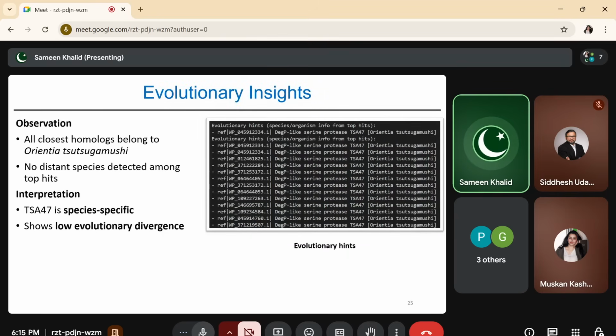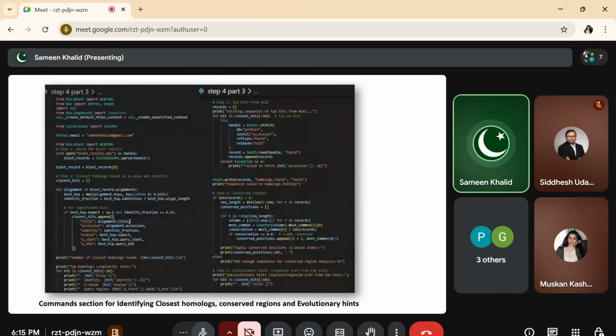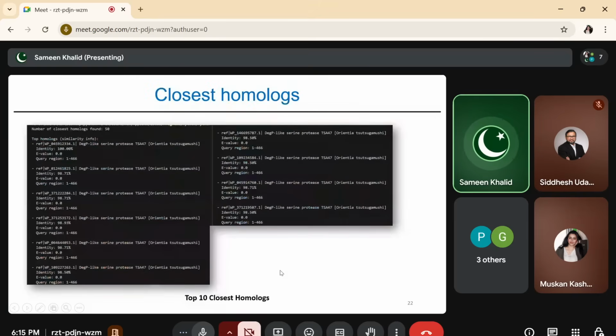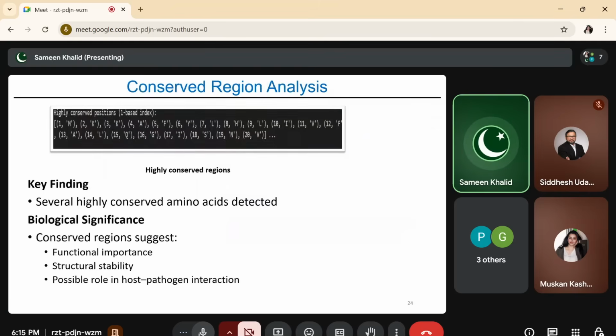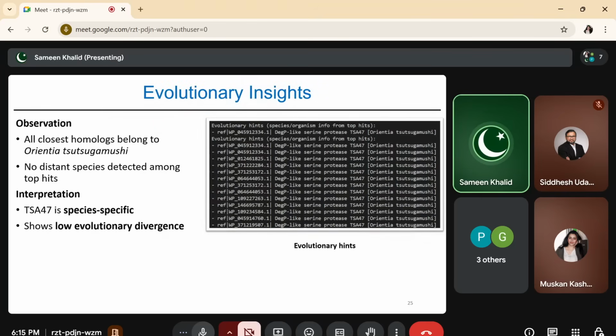Also, for the evolutionary insight, we did a command here for evolutionary hints, for the possible evolutionary analysis of this protein. So the observation was that all closest homologs belong to Orientia tsutsugamushi, and no distant species were detected.